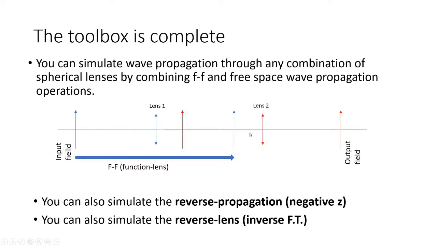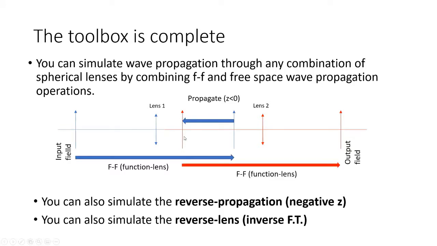If you want to go through another lens that is not placed conveniently, you can back propagate your complex field to a more appropriate location, and then using another FF system, calculate the output field right here.